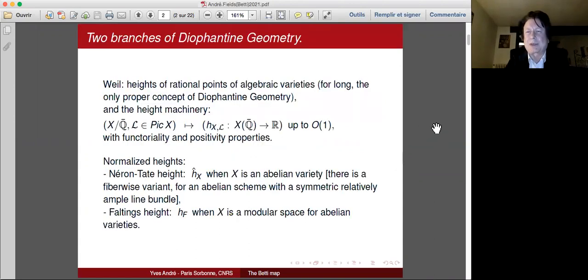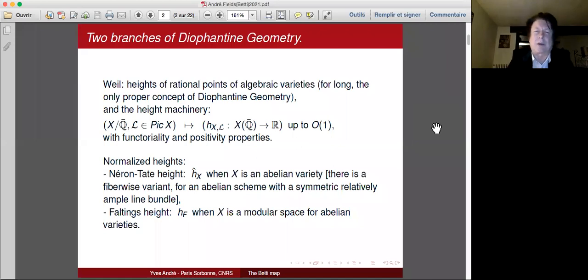But first of all, maybe I have to draw the landscape of Diophantine geometry to make more precise the role of this Betti map.